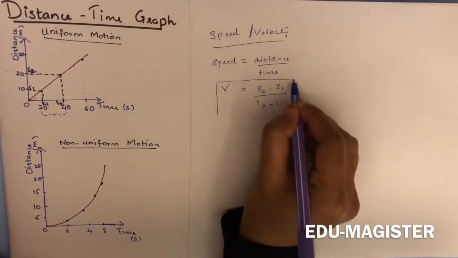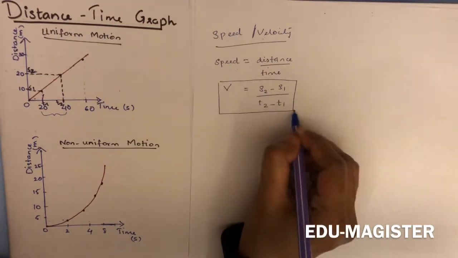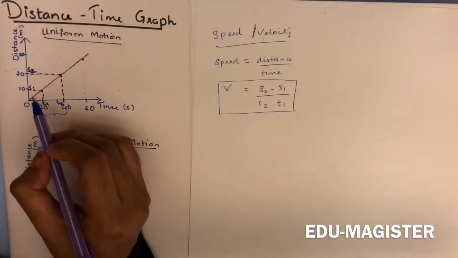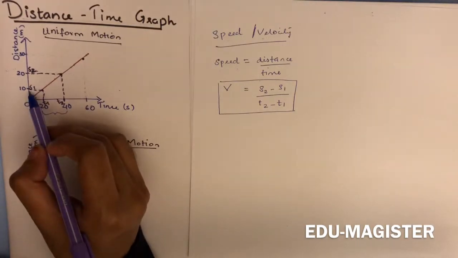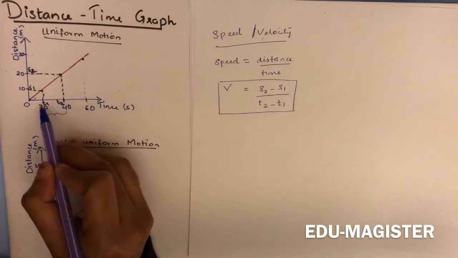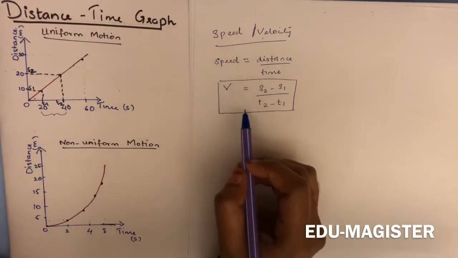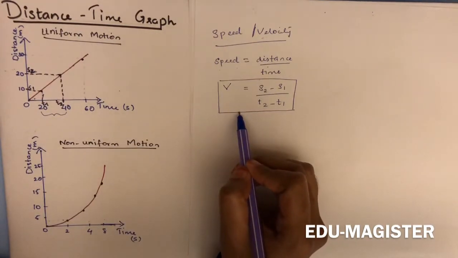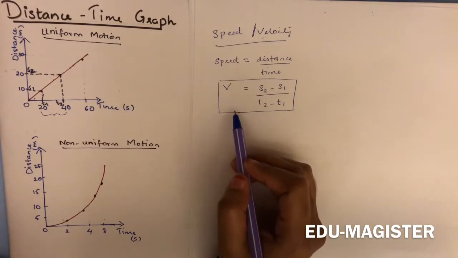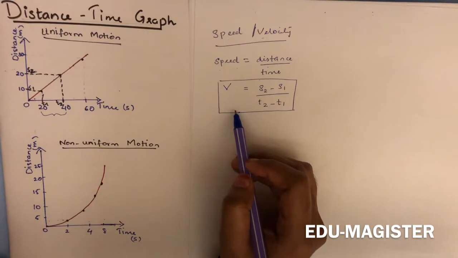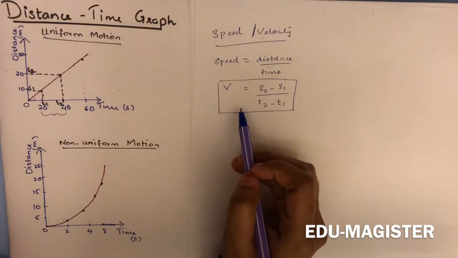That is, we are calculating the distance covered in this interval of time. So this is the final formula for speed, or this is how you calculate speed from a distance time graph.